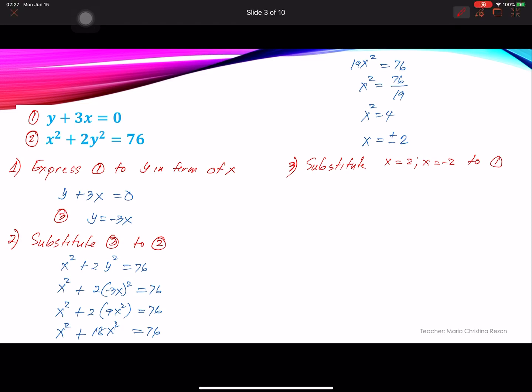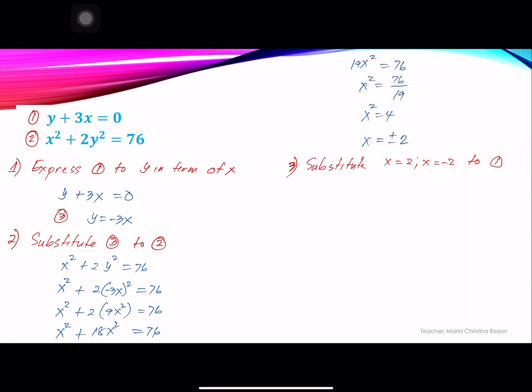And so you will have y plus 3x is equal to 0. So when x is equal to 2, then y plus 3 times 2 is equal to 0. So y is negative 6.